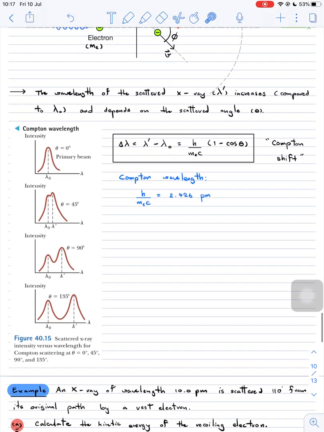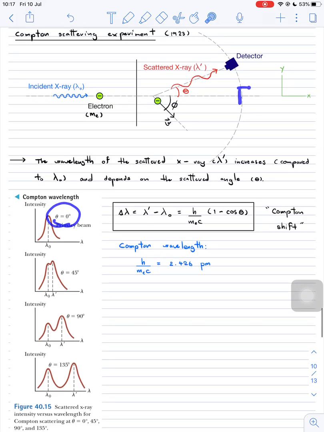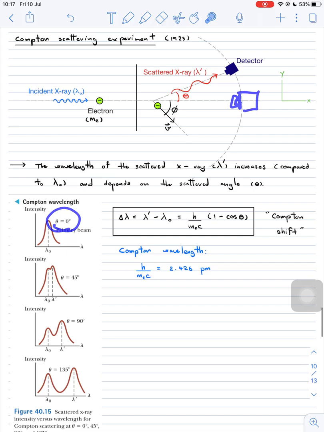So let's look at when theta equals 0. It means that the detector is at this position, and you can see that we have only one peak. So when the incident X-ray comes in and scatters with the electron, the scattered X-ray coming into this direction will have the same wavelength as lambda naught.